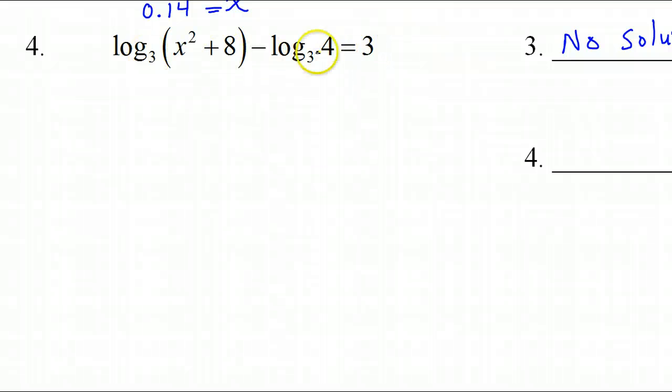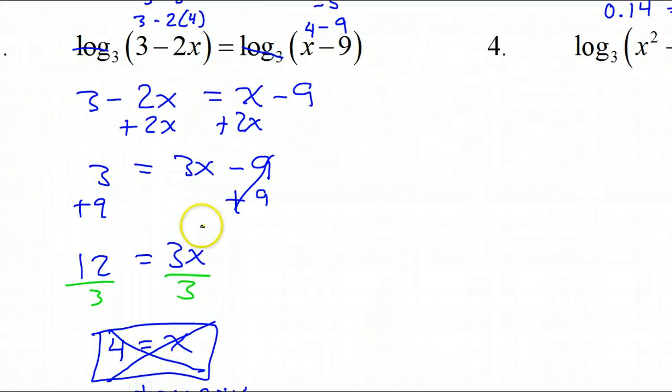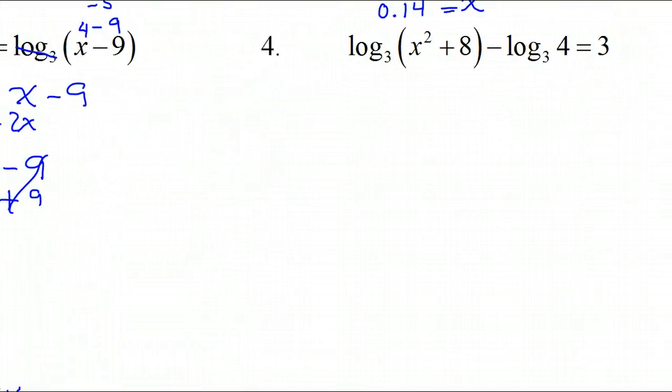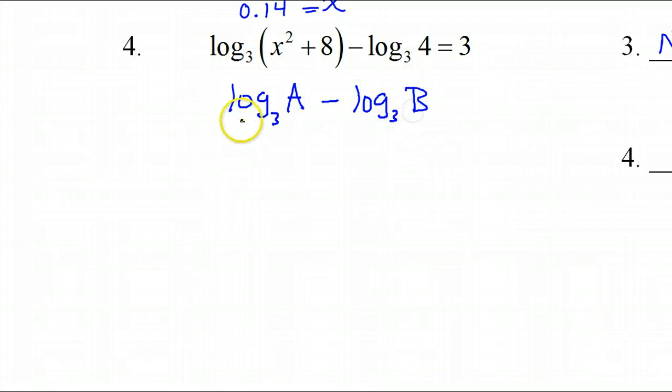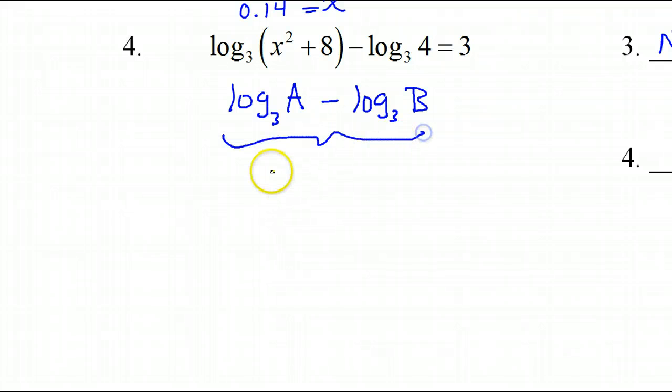Notice that we only have logs on one side. So these logs will not just disappear like they did on the last problem. You can only do that when you have the log on both sides of the equation. So on this one, what will we do? First of all, we need to condense this. Remember that, say, if I had log base 3 of A minus the log base 3 of B, if we condense this down to one log, subtraction condenses down to division.